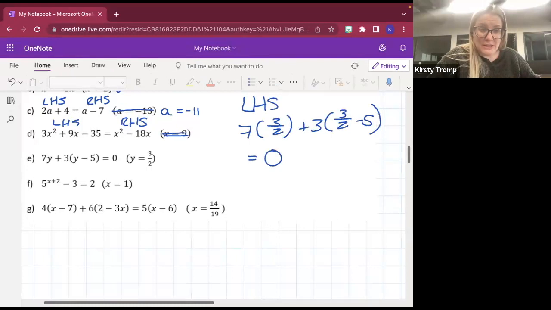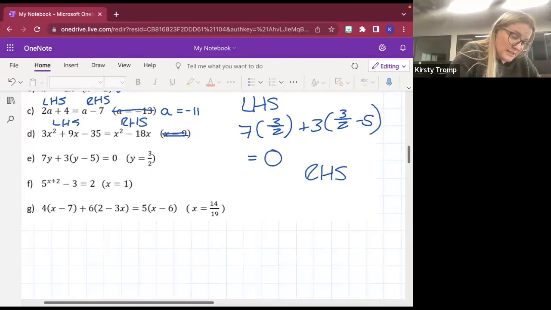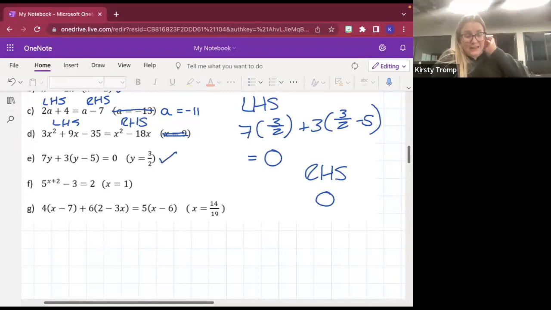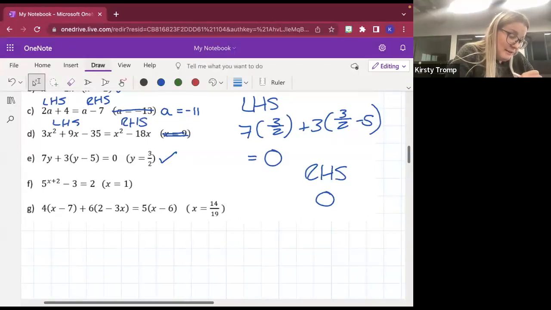On my right-hand side, I see my answer is already equal to 0. So I know that this one is correct. I don't need to solve anything. Right, let's try number F.